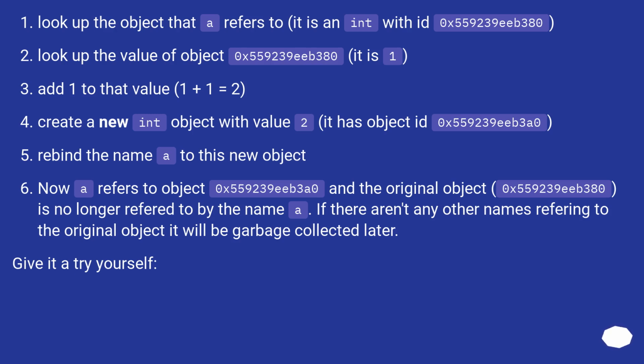Rebind the name a to this new object. Now a refers to object 0x559239eeb3a0 and the original object, 0x559239eeb380, is no longer referred to by the name a. If there aren't any other names referring to the original object, it will be garbage collected later.